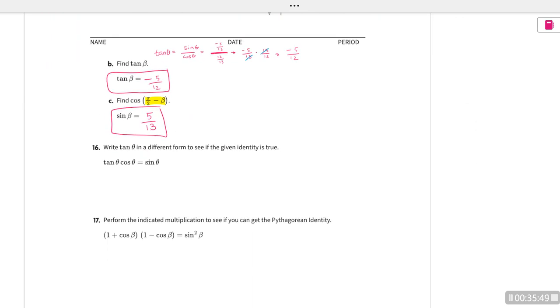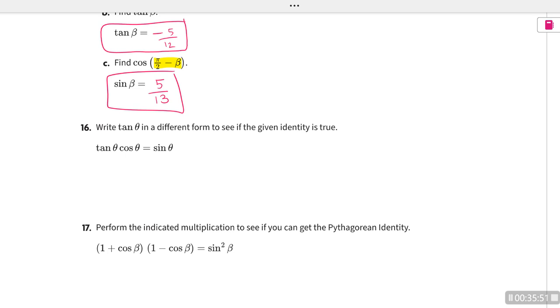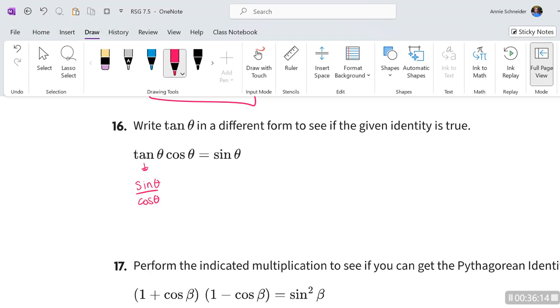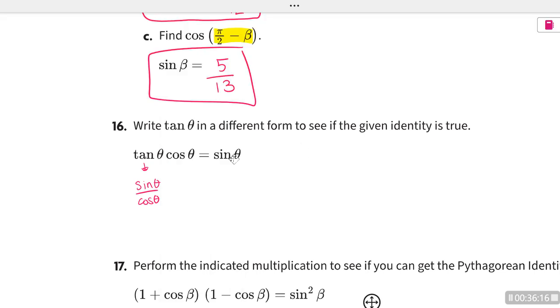Okay. Question 16, it says, write tan of theta in a different form to see if the given identity is true. So we want to test to see if tan of theta times cosine of theta does in fact equal sine of theta, and it wants us to change tangent. So let's change tangent to sine of theta over cosine of theta, and we'll keep everything else the same.